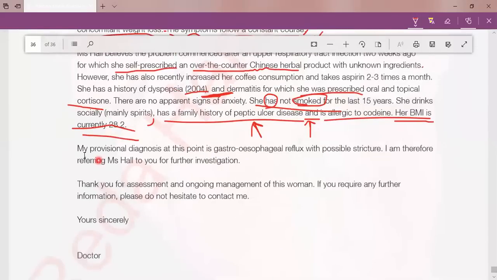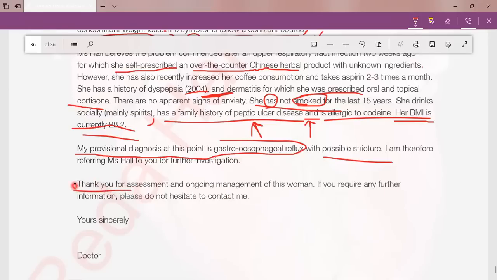So my provisional diagnosis at this point is gastroesophageal reflux, with possible stricture. I am therefore referring Ms. Hall to you for further investigations. Thank you for assessment and ongoing management for this woman. If you require any further, so he thanked here.